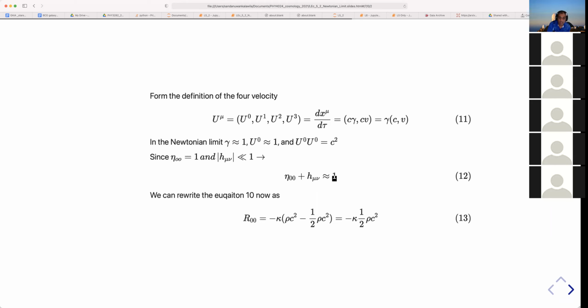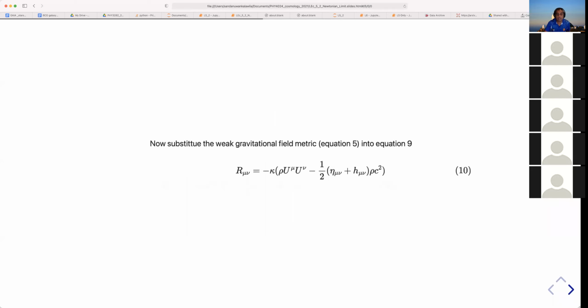And this gives you a final version for equation 10, which is right here. You can see that equation 10 is written as minus kappa rho mu nu, and now this part, rho mu nu, when you write R0, 0 here, this will become U0, U0. So that is C squared, which I have just shown you a minute ago.